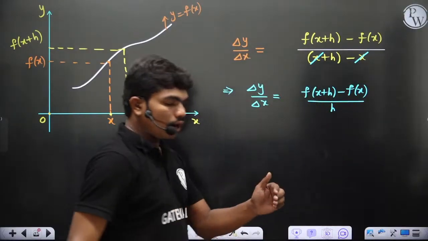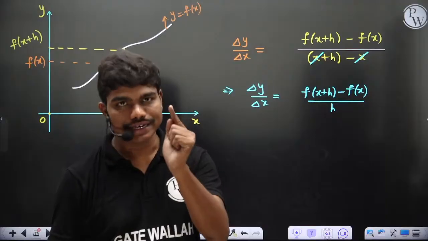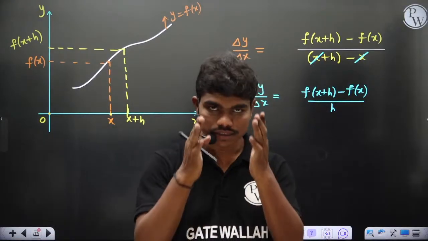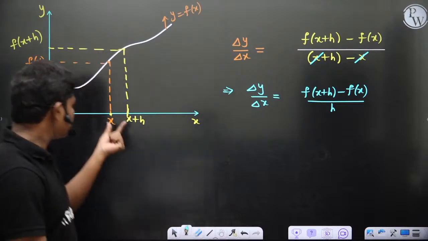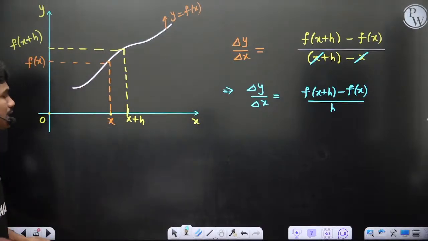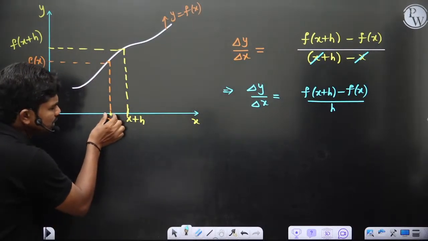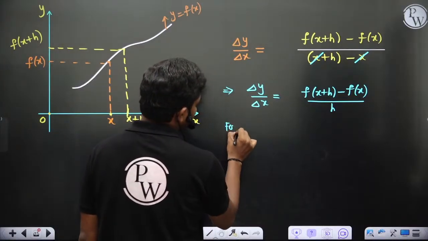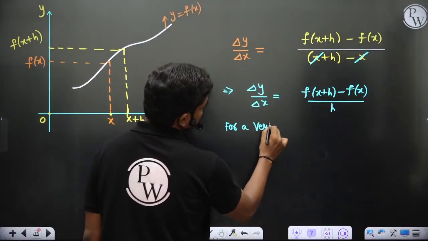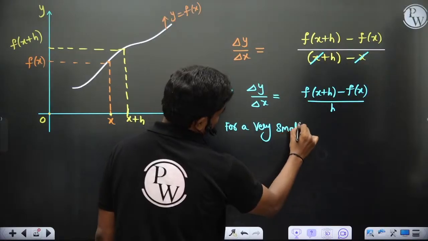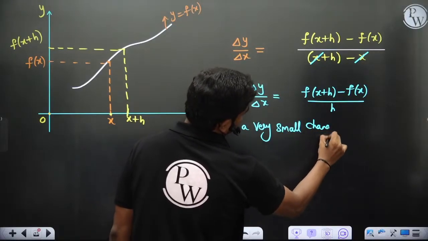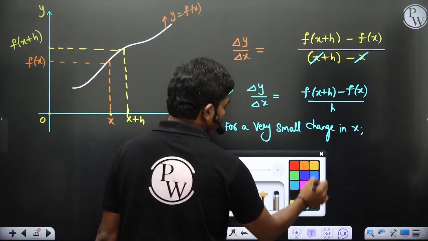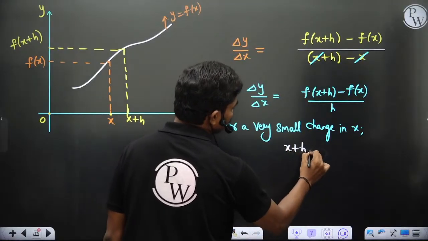But you want to check differentiability at a point, because continuity and differentiability are all defined at a particular point. Now if this region has to be a point, this x plus h should lie very close to this x. Correct? So for a very small change in x, let's say you want instantaneous, x plus h should move towards x.